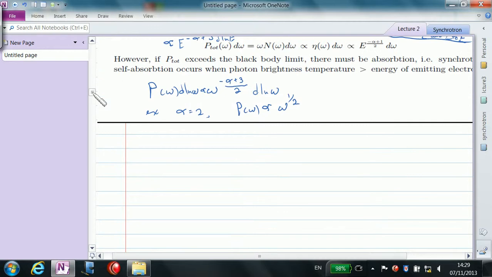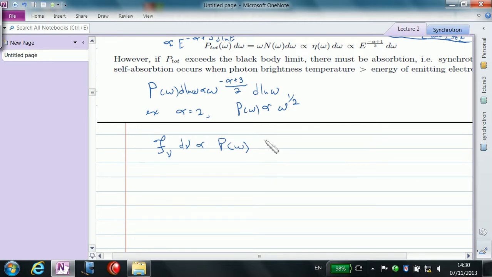Now, usually people express things in terms of the flux per unit frequency and not per unit log frequency, and this would be times omega to the minus 1.